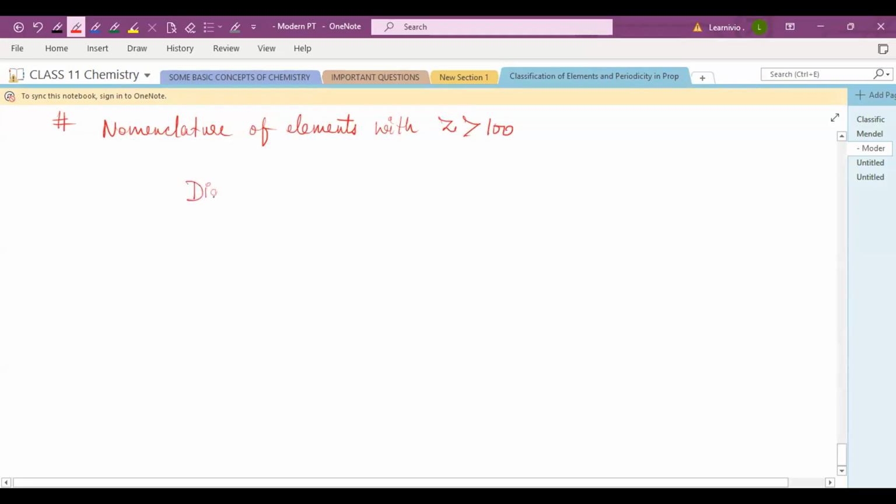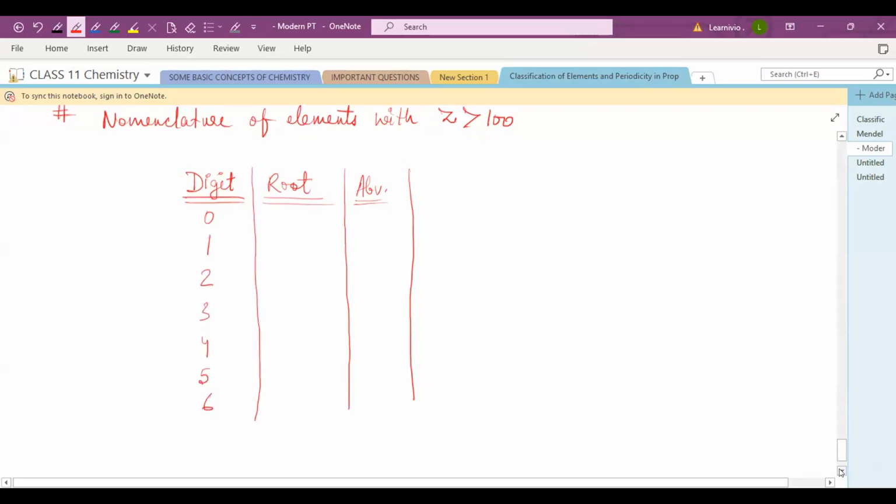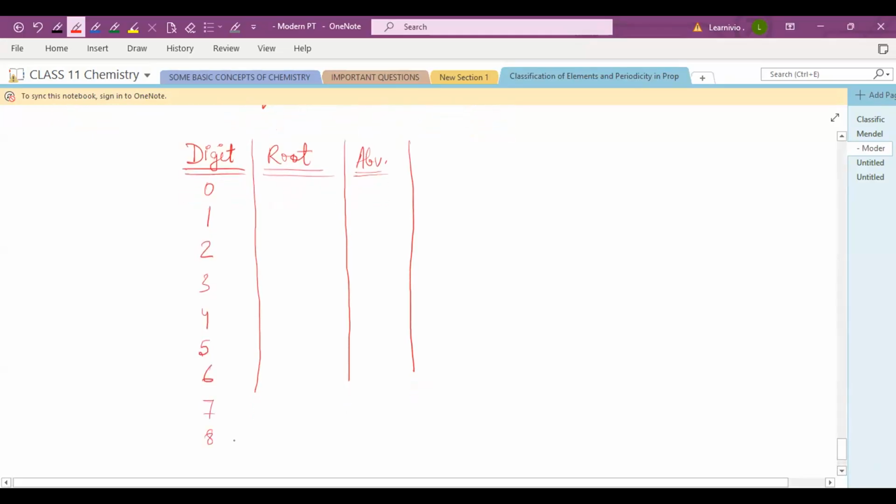So I'm writing digit here. You know what digits are, from 0 to 9. 0 to 9, they are known as digits, right? So for each digit, the root word is given. Abbreviation I'm writing over here. So if it is 0, 1, 2, 3, 4, 5, 6, 7, 8, and 9. Okay. So for 0, the root word is nil.